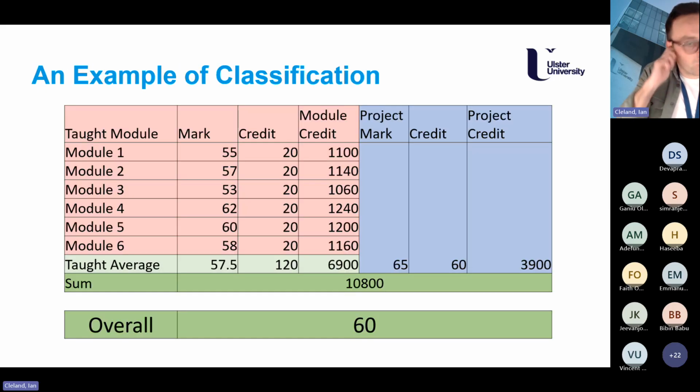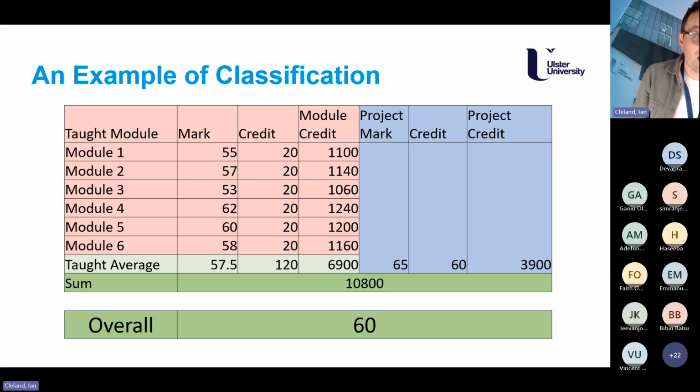Just to highlight what that actually means in terms of the percentage. You can see here, these pink ones are the taught modules. Let's say this person has a profile where at the minute they have a 57.5 average across all of those taught modules. And then in the project, they get a project mark of 65.